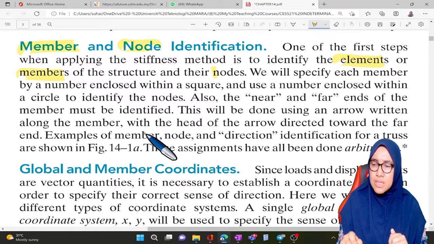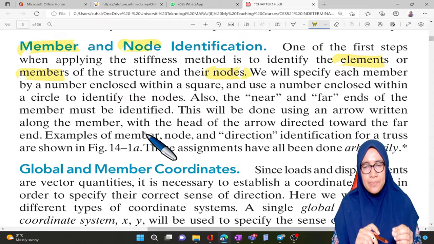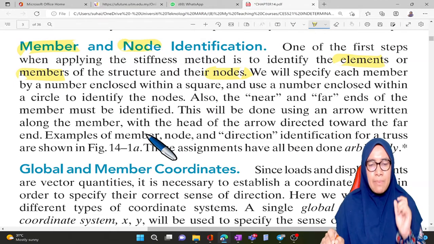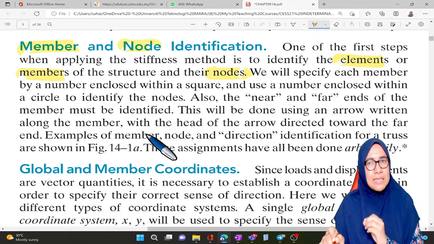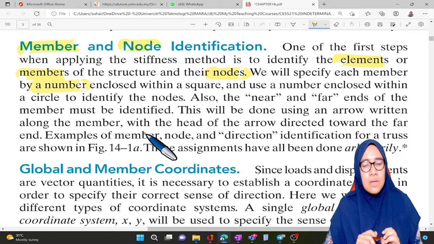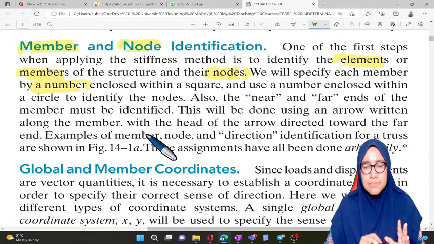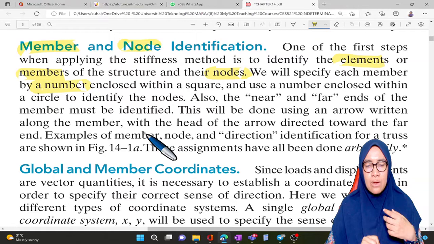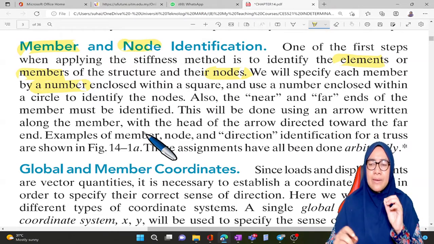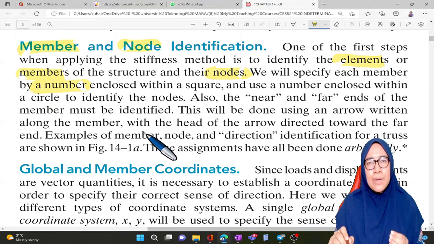Node is joint. We will specify each member by a number enclosed within a square, and use a number enclosed within a circle to identify the nodes.